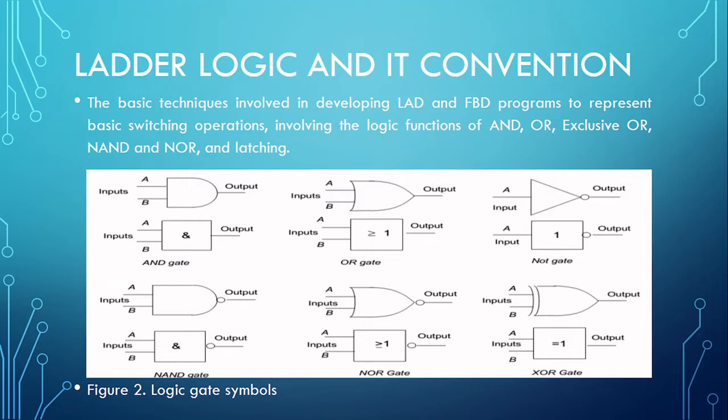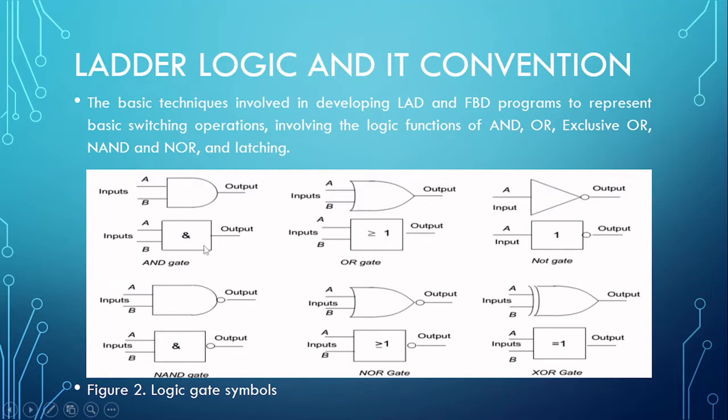So here we have just a diagram showing the idea of these logic functions. For the AND, you must have at least two inputs going into a single output. So for the AND logic, both of the inputs have to have a binary of 1 for the output to have a binary of 1.